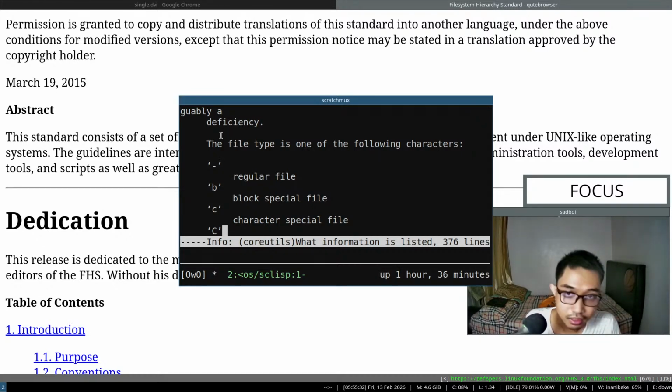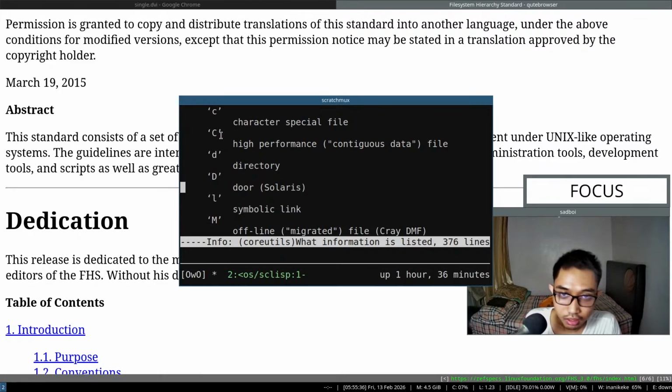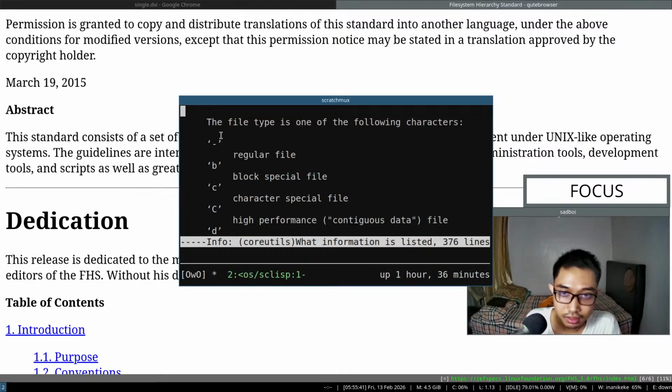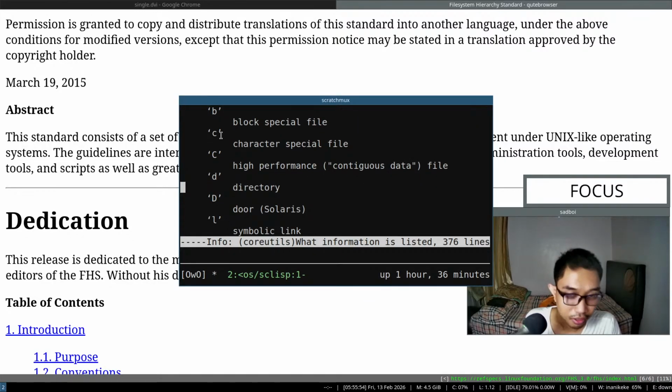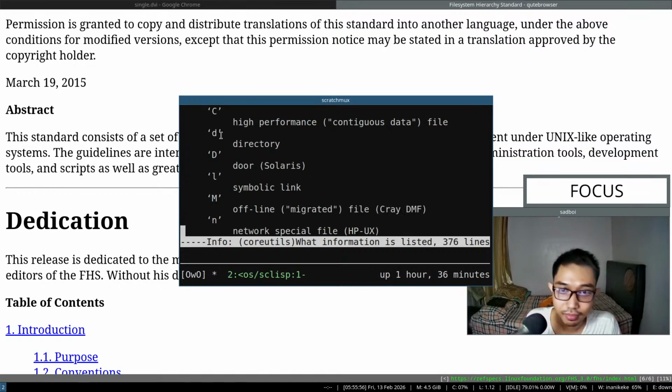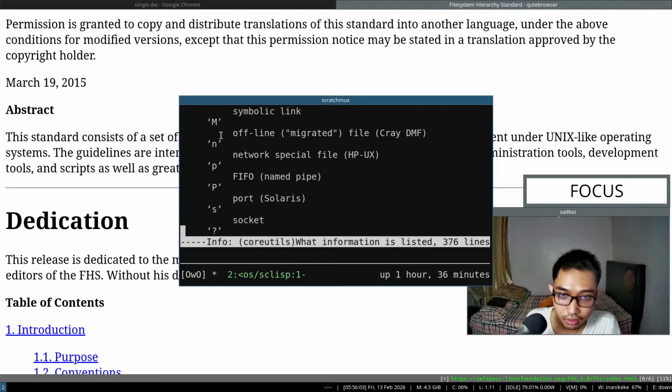So even though everything is a file, it has different types of files, like block special file, character special file, directory file, or this FIFO file, something like that.